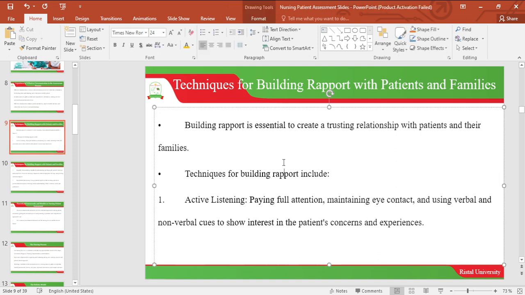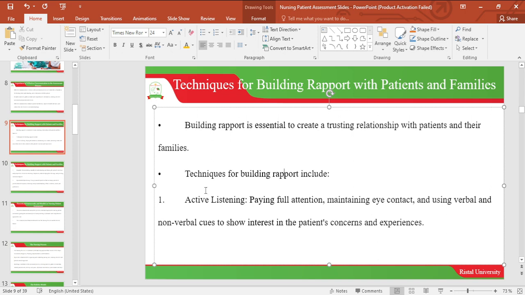Let's look at techniques of building rapport with patients and families. Building rapport is essential to create a trusting relationship between patients and their families. Let's look at some of the techniques for building rapport.